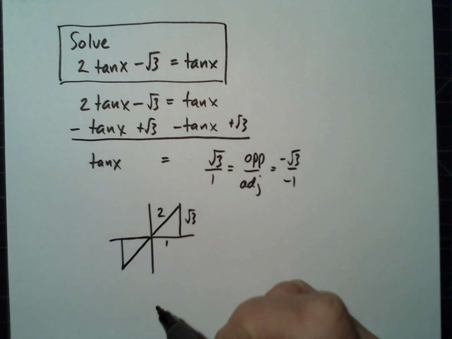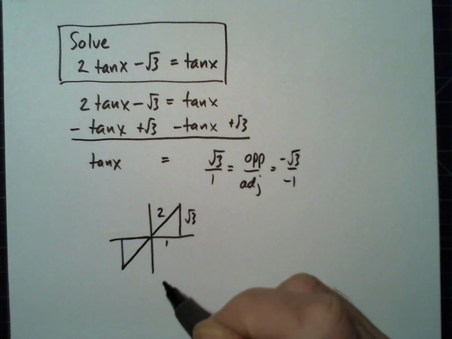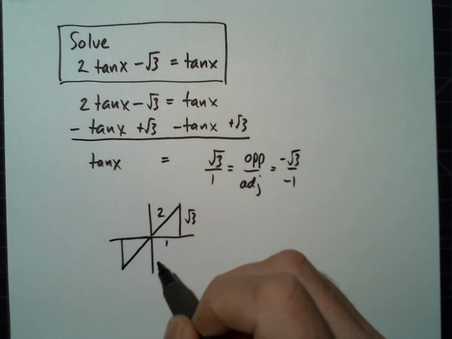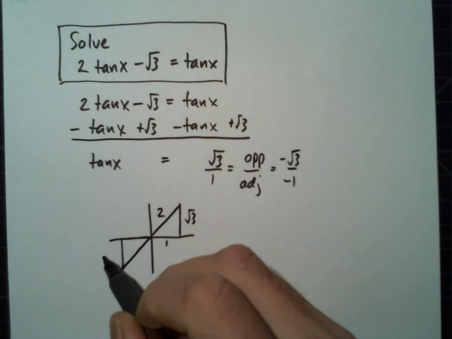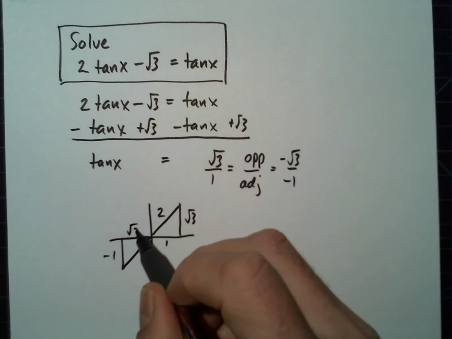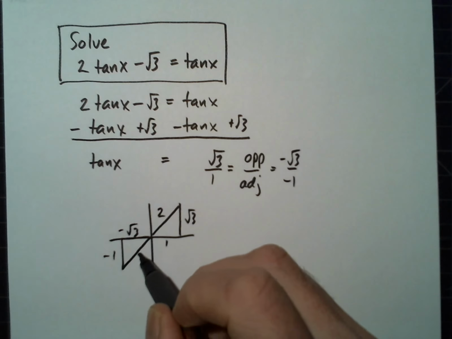Here is a way to think about it. It's not correct to say that a distance is negative, but it works. So we're going to say the opposite and the adjacent.